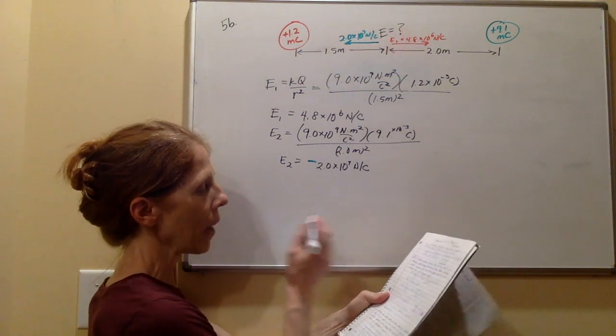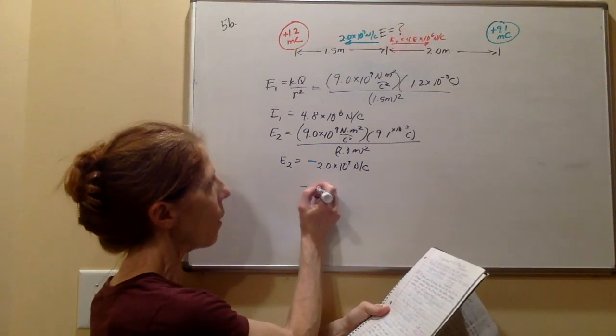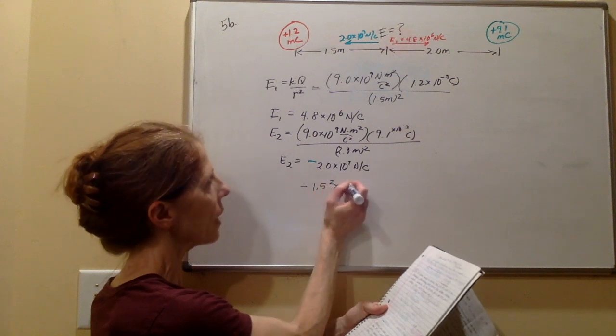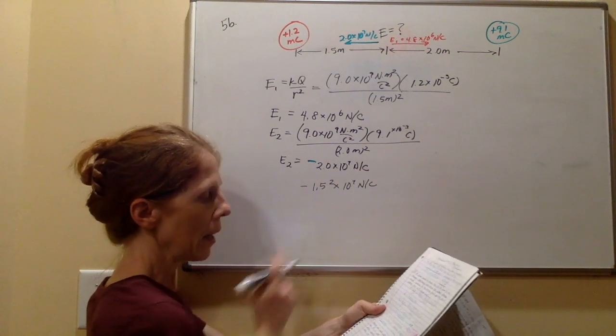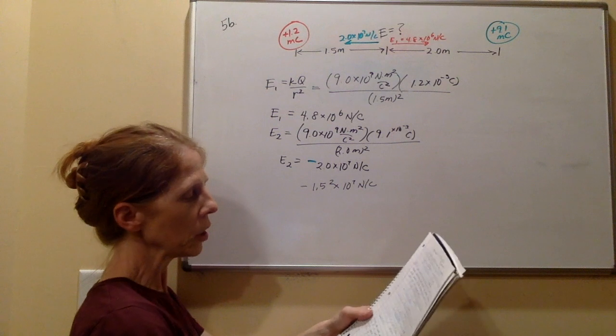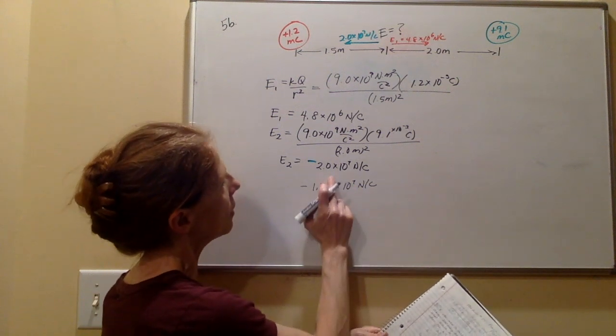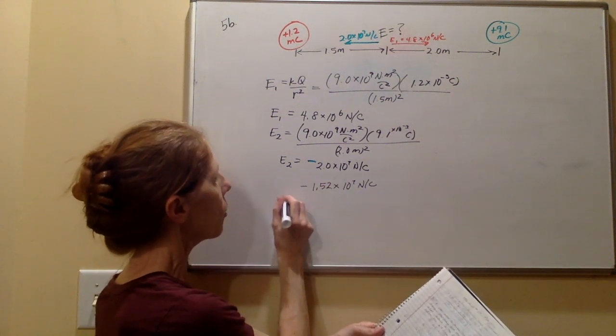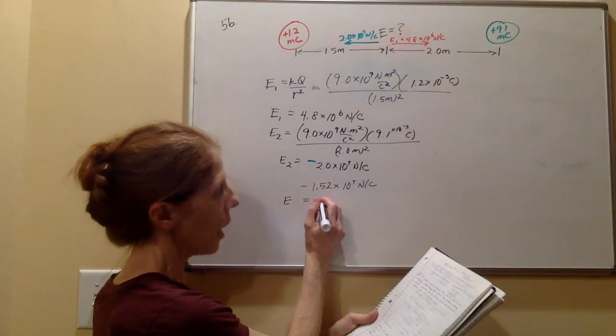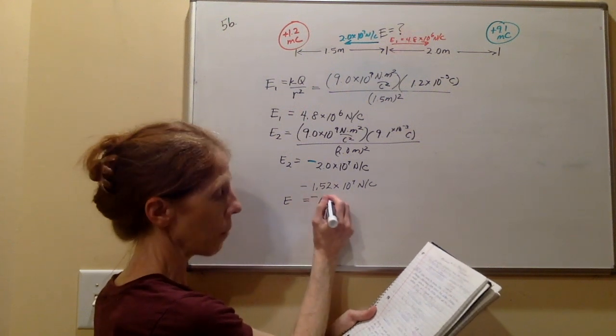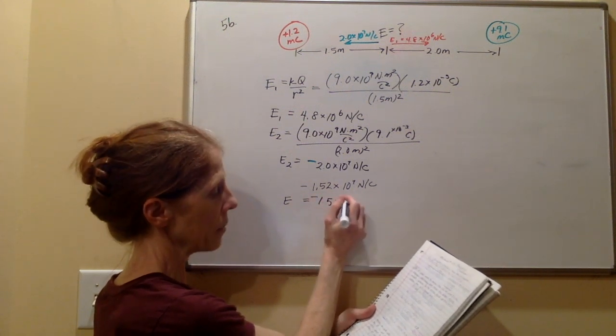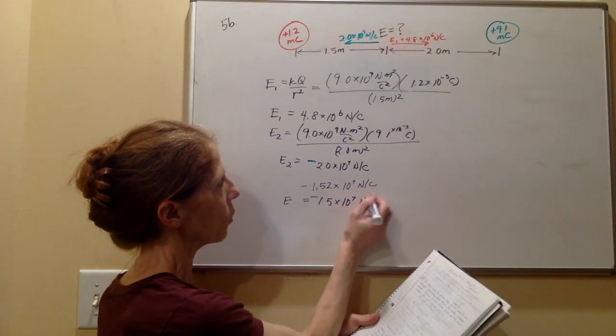What we get from that is actually negative 1.52 times 10 to the 7th newtons per coulomb. However, we only have precision to millions, so we would report, oops, this is a 2, we would actually report an overall electric field of negative 1.5 times 10 to the 7th newtons per coulomb.